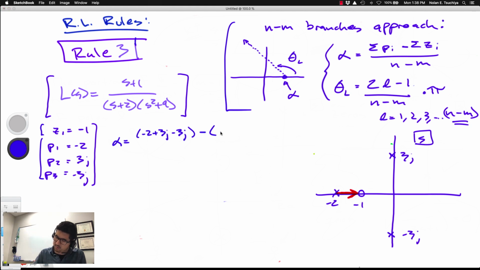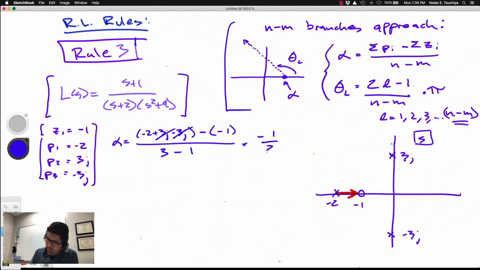From that, I subtract the sum of all of the zeros, in this case there's only 1, and then divide by n minus m, which in this case is 3 poles minus 1 zero. If you do this correctly, alpha is always going to be a real value because the complex conjugate portion of the complex poles will always cancel. So 3j minus 3j go away, and I'm left with alpha equal to minus 1 over 2, so minus 1/2.